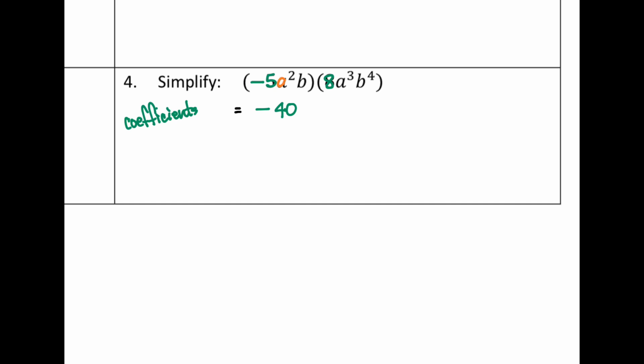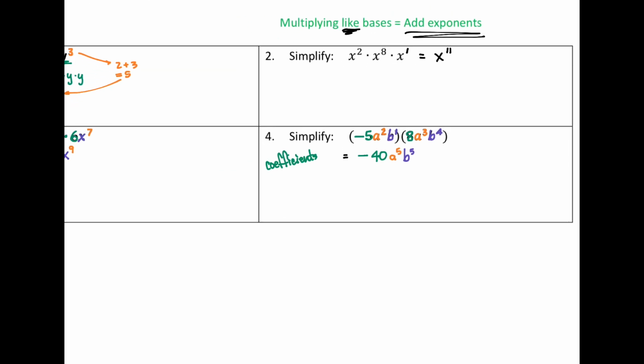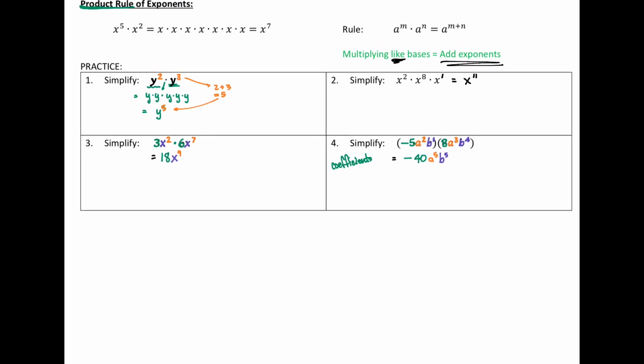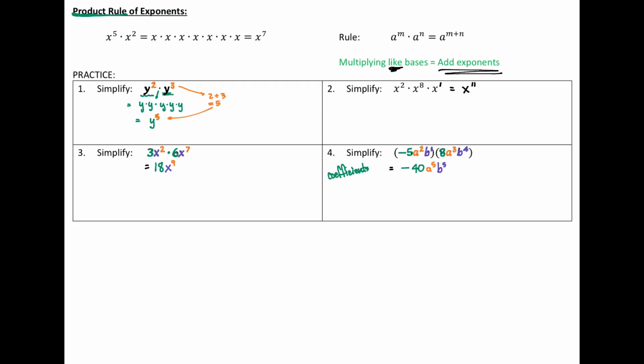Now we have a squared and we have a cubed. So we're going to add those exponents and get a to the fifth. Then we have b to the first, right, because it's not printed, and b to the fourth. So 1 plus 4 is 5. So this is b to the fifth. All right. I think these are kind of fun.